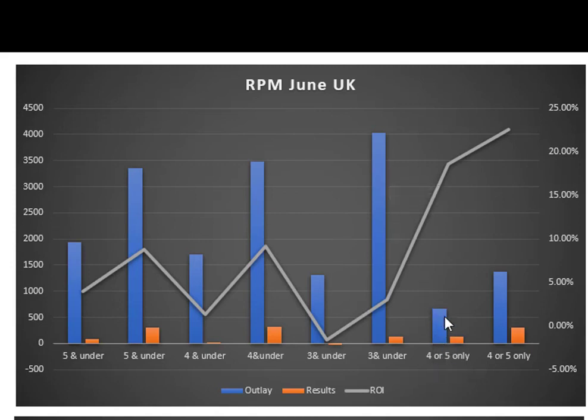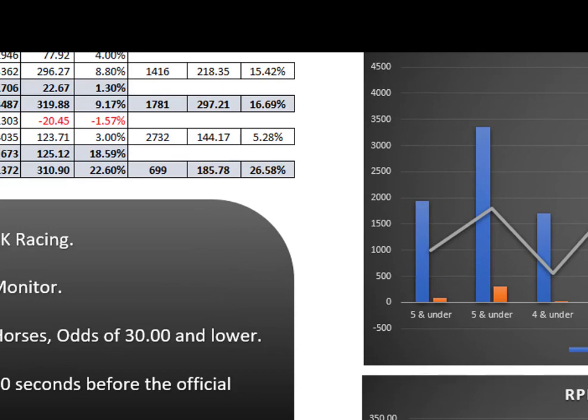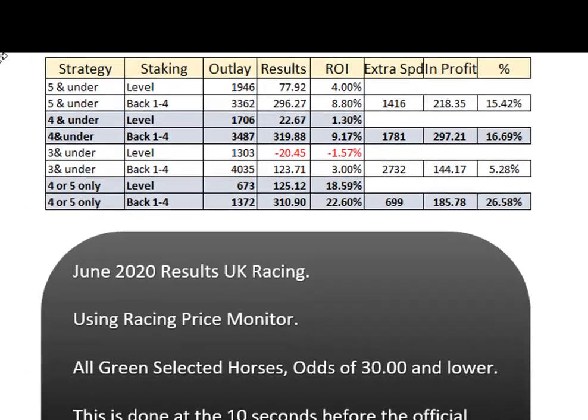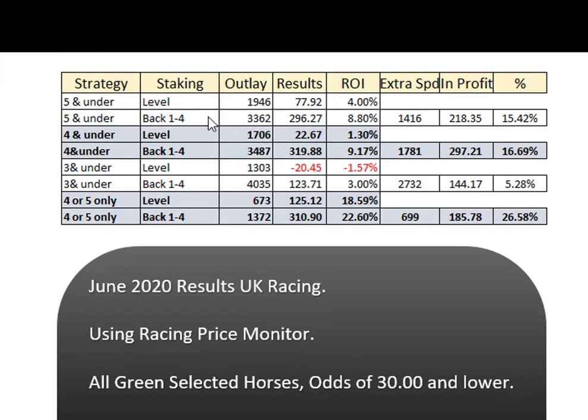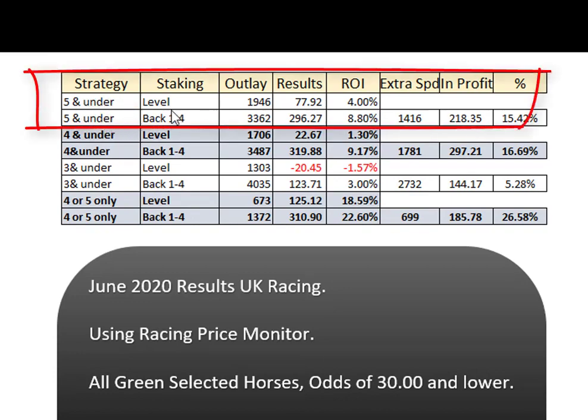And then when we went to the 4 or 5 horses only that qualified, you can see that the outlay to return was a lot closer than here. And we look over here and look at the figures. Up here, we can see the back 5 and under, so that was basically all the horses we had.